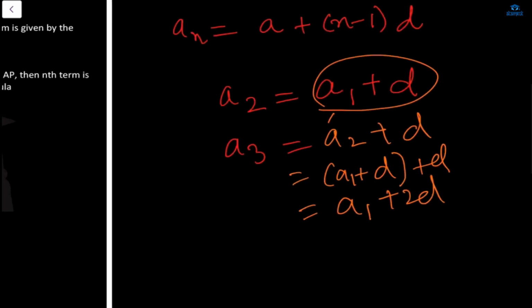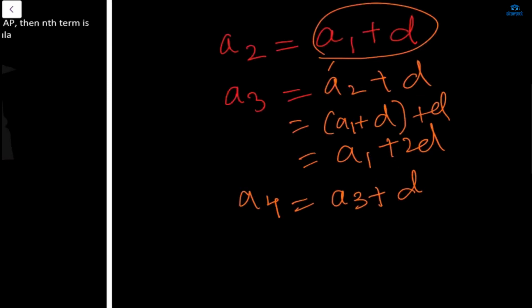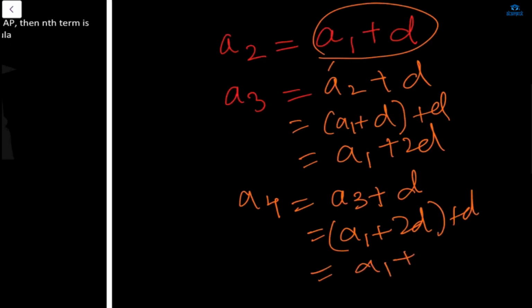Here A1 is the first term. Again, for A4, A4 is A3 plus D, and A3 is A1 plus 2D, so A4 is A1 plus 3D.